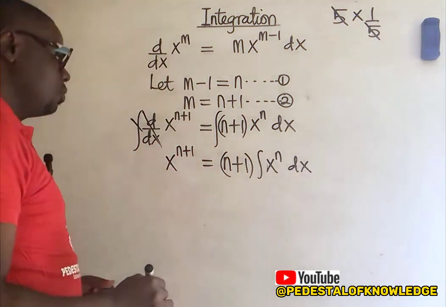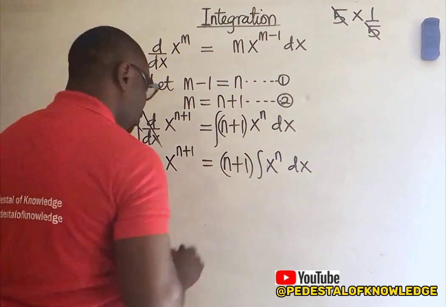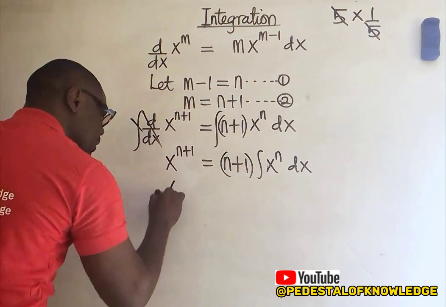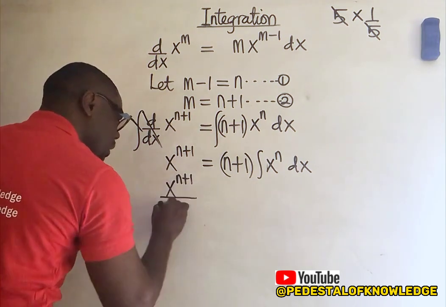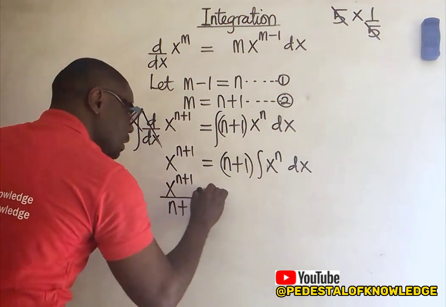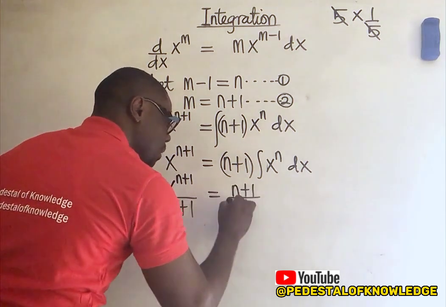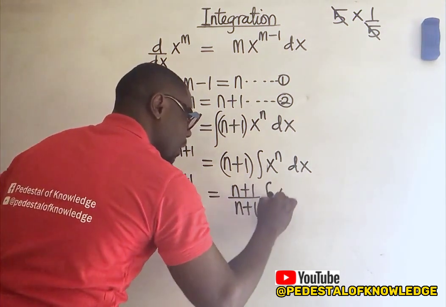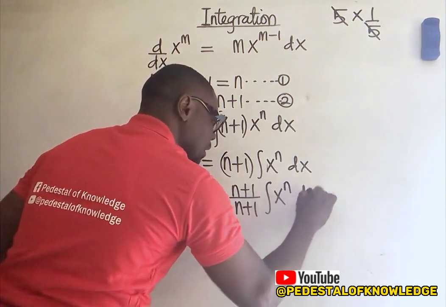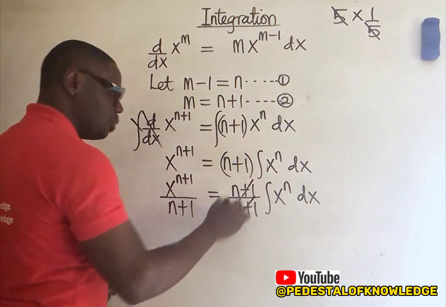All right, now, when we divide both sides of the equation by n plus 1, we have x raised to power n plus 1 divided by n plus 1 is equal to n plus 1 divided by n plus 1 multiplied by the integral of x raised to power n dx.